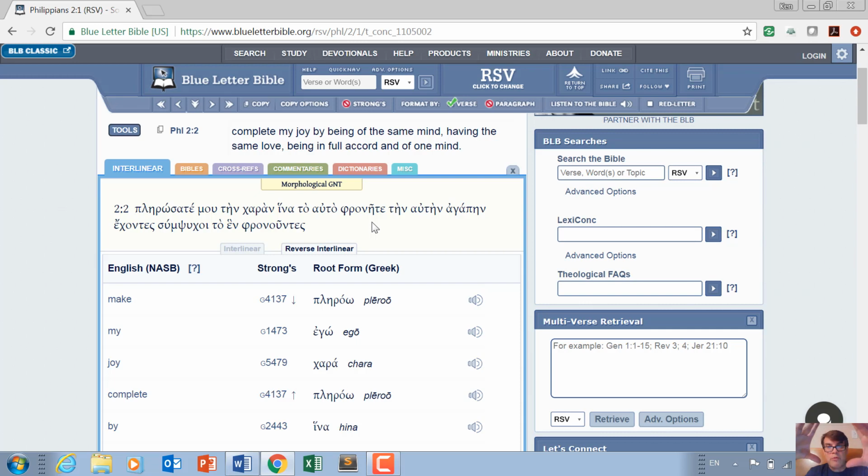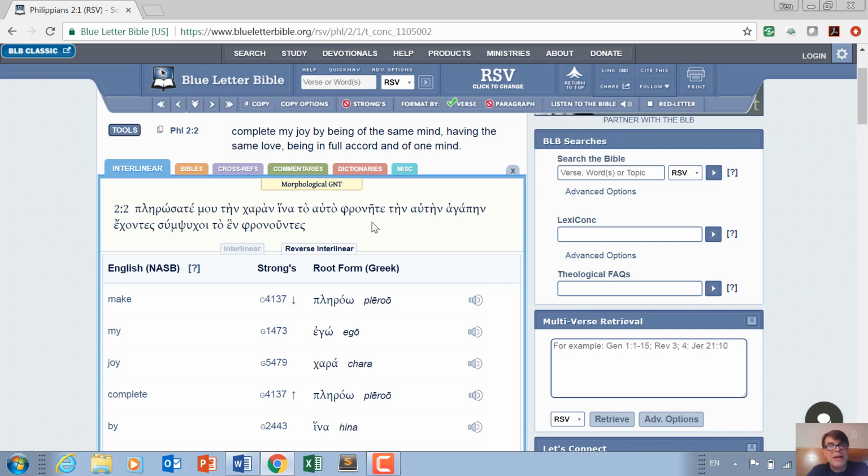But here's the thing. The eta of the ending and the e of phroneo, when they crash into each other, an epsilon and an epsilon crash to form an epsilon iota. So if it was an indicative, it would be phronete with an epsilon iota. And so the fact that it's an eta actually does indicate here that it's subjunctive.